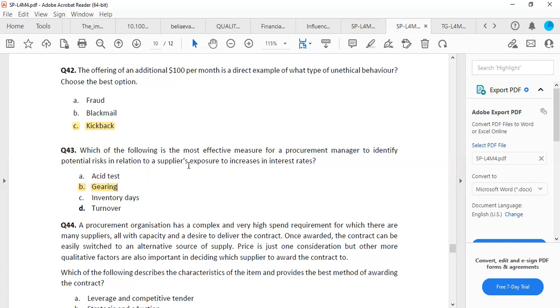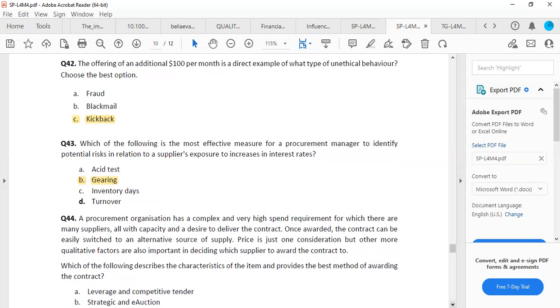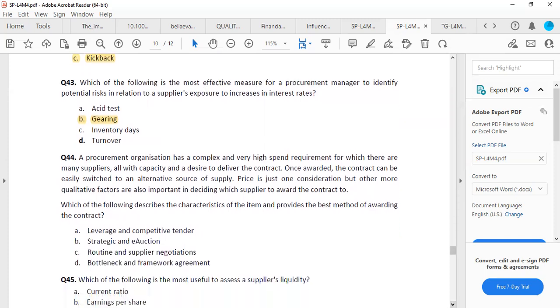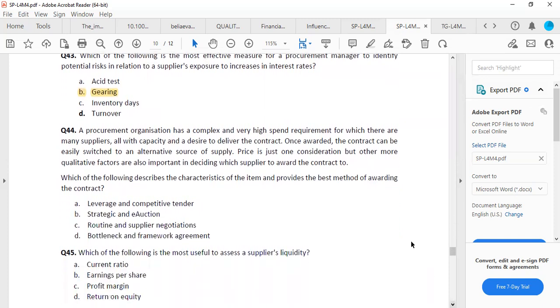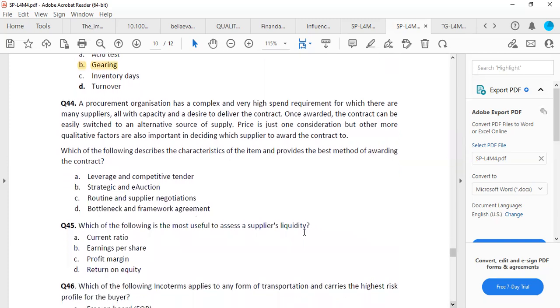That's gearing. Gearing ratio, because it looks at the long-term debt over equity, loan capital and equity capital. If your loan capital is higher than equity, you are paying a lot of interest, so your gearing will be high.